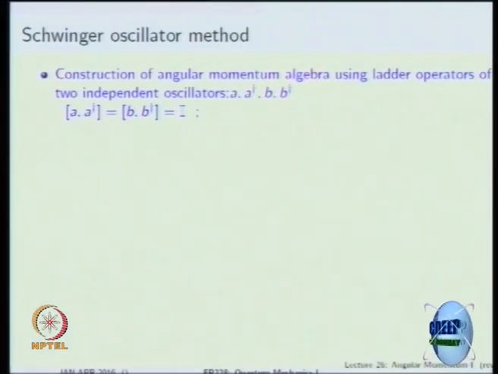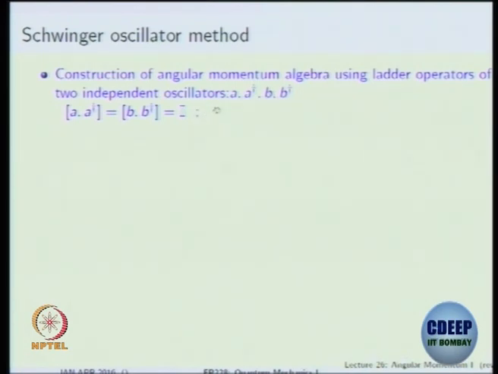So recall what I was trying to do in the last lecture. I was trying to say that let's take two independent oscillators, with A and A dagger as the raising and lowering operators for the one oscillator and B and B dagger for the other oscillator, but they are independent.